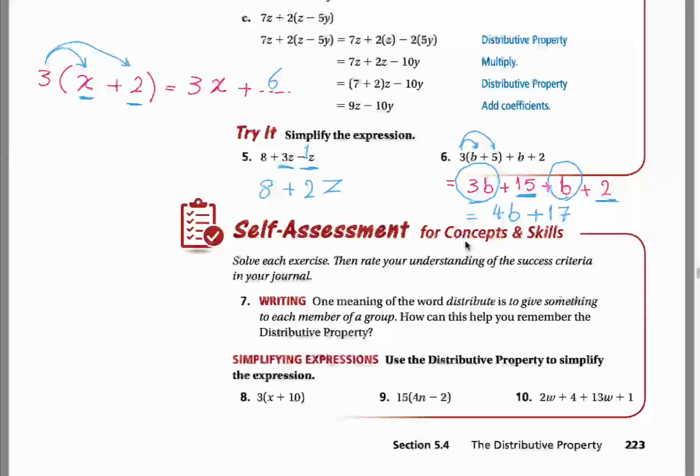Why is 2 this? 3b plus 1b equals? What is the 1? If you don't have a coefficient, the coefficient is 1, like question number 5 here. So the coefficient here is 1. Okay?